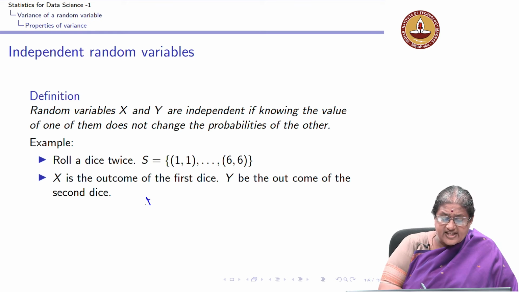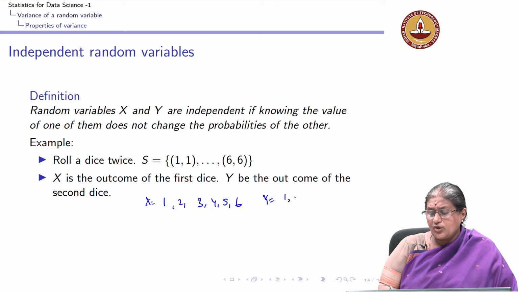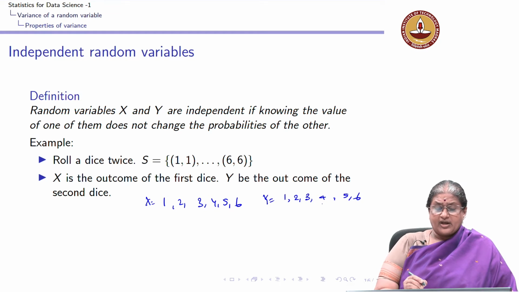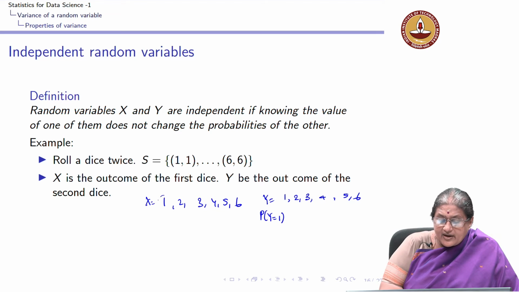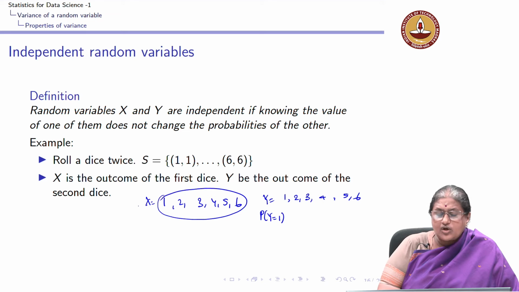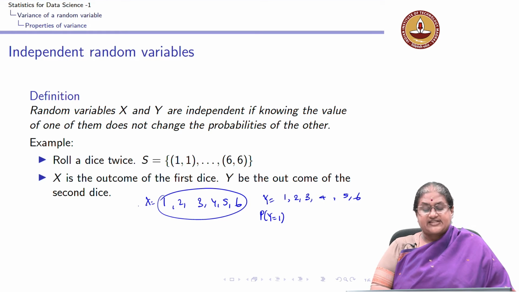I know x takes the values 1, 2, 3, 4, 5, 6. Y also takes the values 1, 2, 3, 4, 5, 6. Now, the probability of y taking the value 1 is independent of what was the outcome of x.